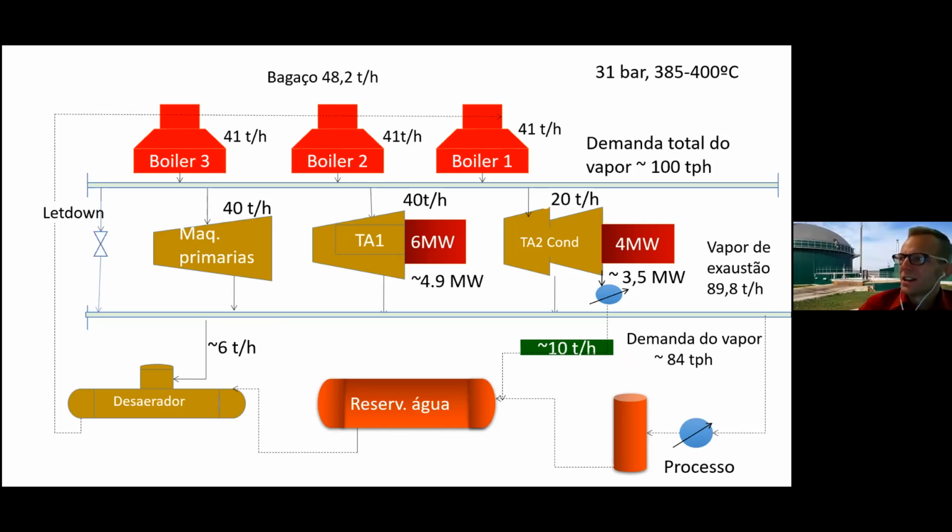Well, basically, the total steam production from the turbines may be 90 tons per hour, but the actual consumption in the factory is 84, because part of the steam is taken back into the process. It's not actually used in the factory, so that's why it's actually 84 tons per hour that is being used.